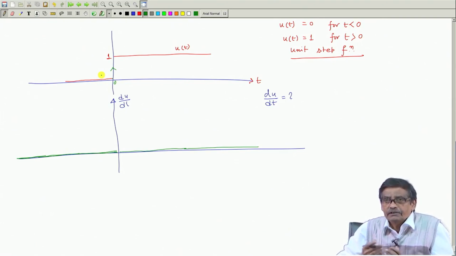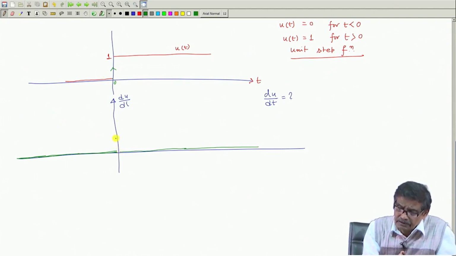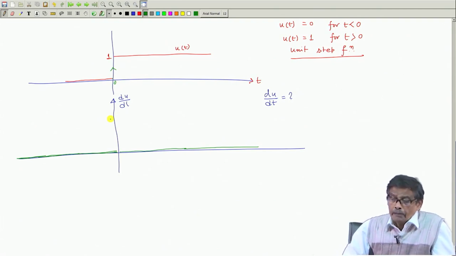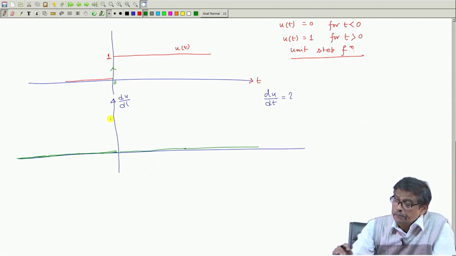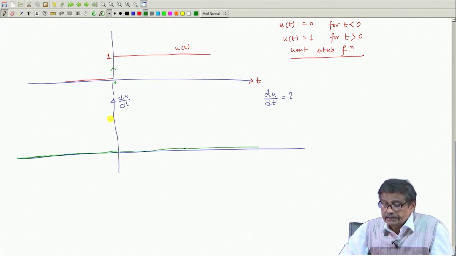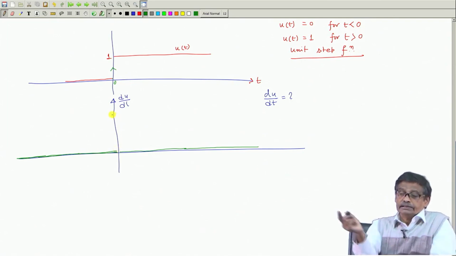Therefore, slope is infinitely large, and we cannot say it is a very large slope. But after learning the impulse function, I will say that there will exist an impulse at this point. Why? That I will tell.